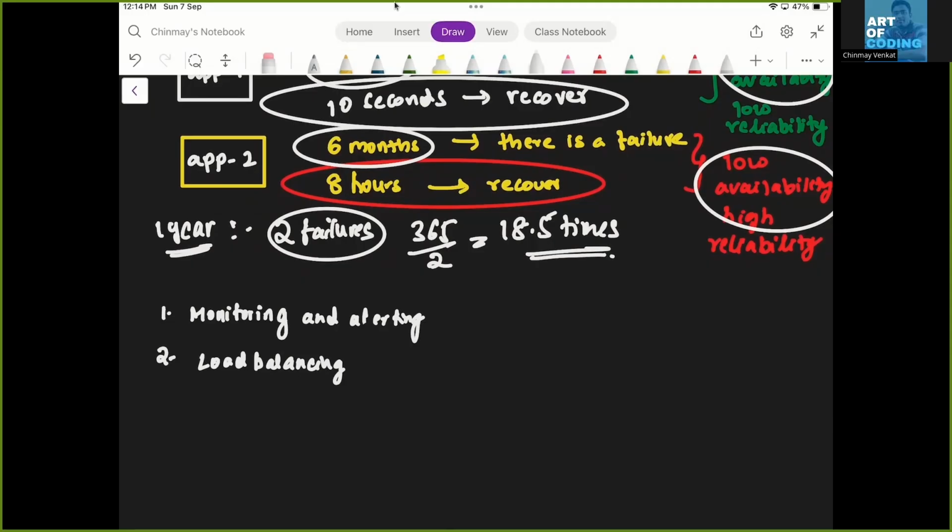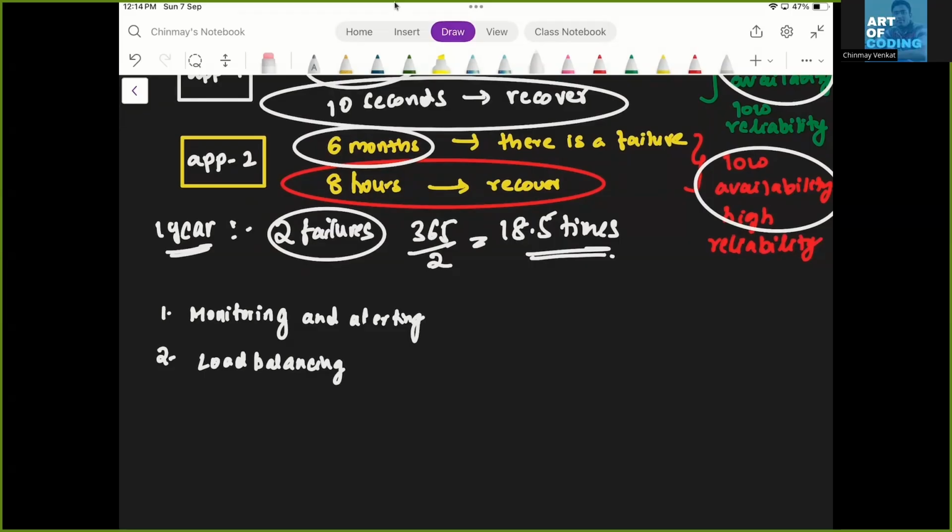That means if the requests are more and server capacity is less, it detects that requests are increasing and that there is a chance of high traffic, and it automatically increases its capacity. That is called the automated recovery mechanism.